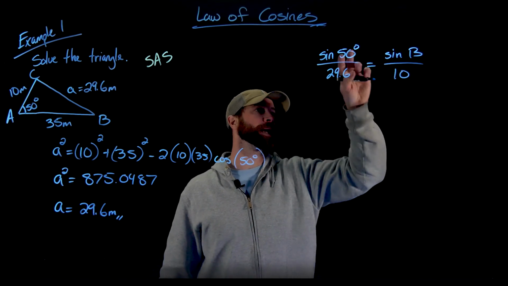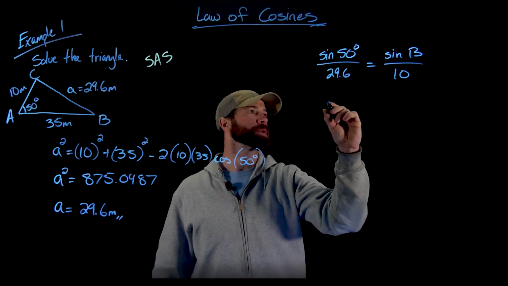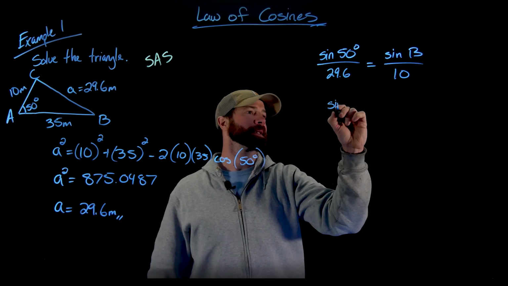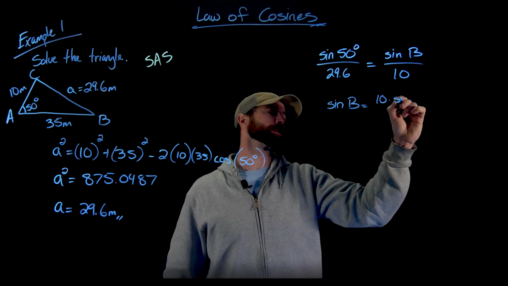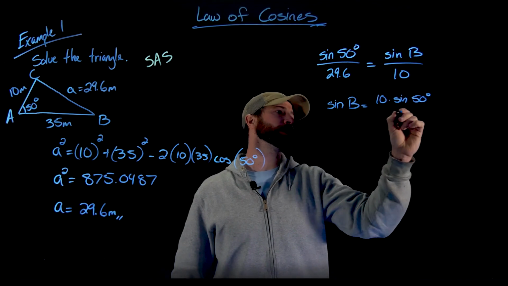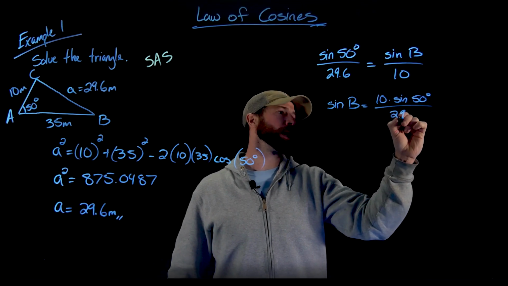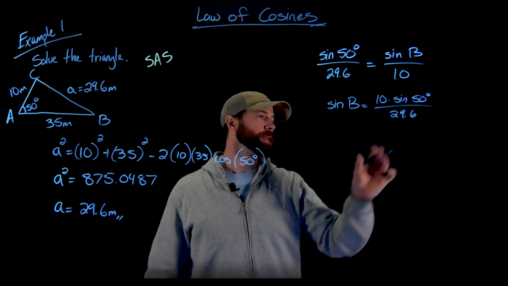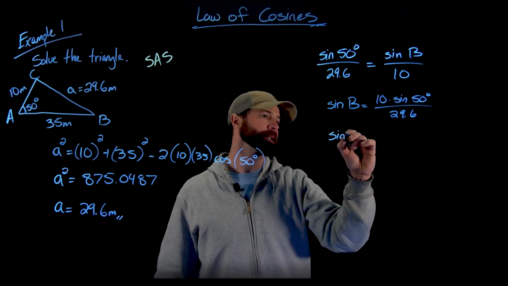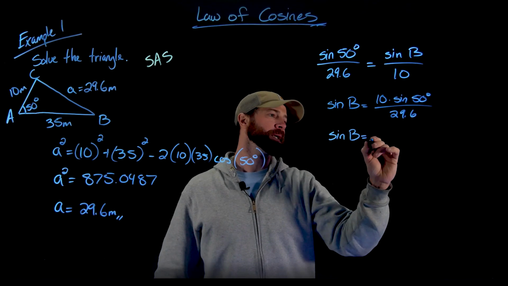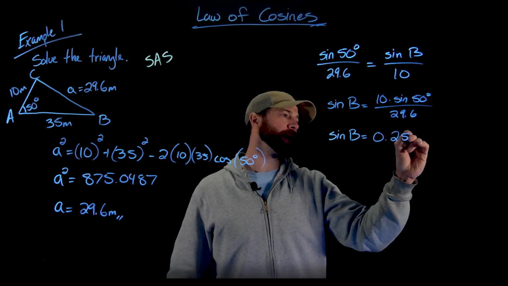Then multiplying 10 to both sides, and I'll reorder this just so it's easier to look at, I get that the sine of B equals 10 times the sine of 50 degrees over 29.6. And then calculating this in my calculator, again being in degree mode, what I get is the sine of B equals 0.257.